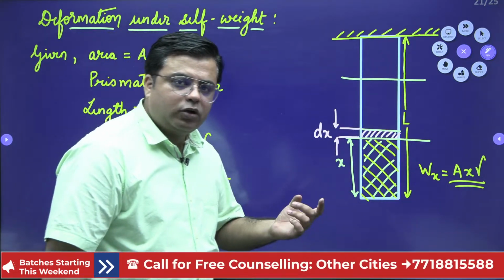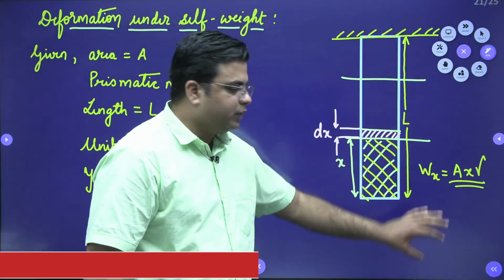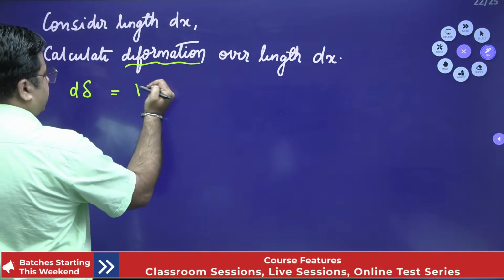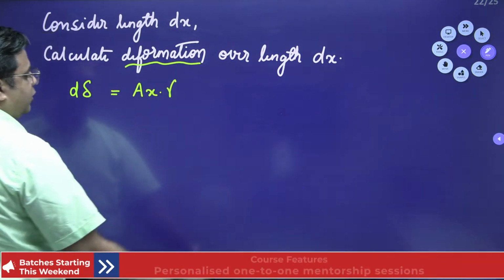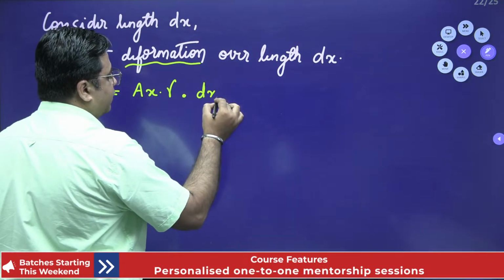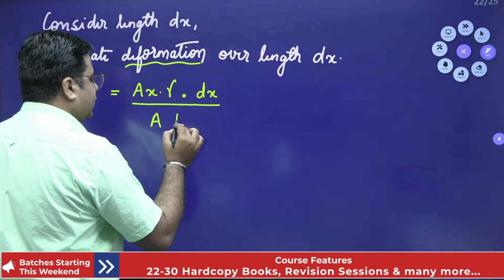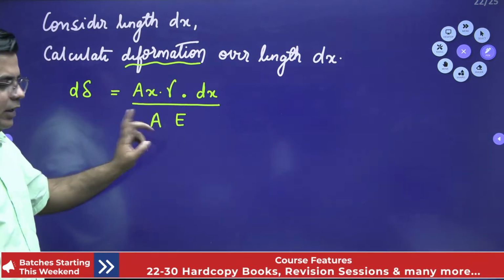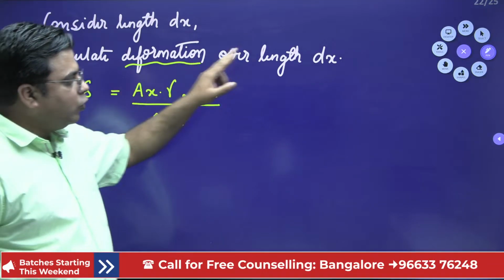So the weight acting is A into x multiplied by the unit weight. Length of the member is dx, divided by A into E. PL by AE is how you calculate the deformation over length dx.